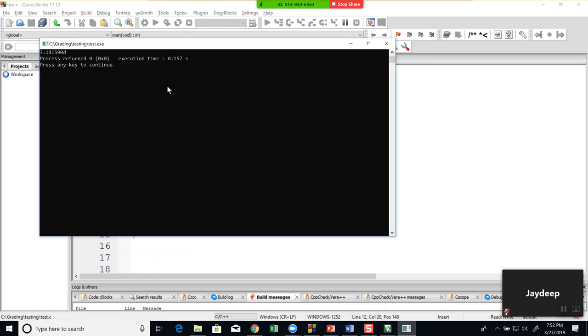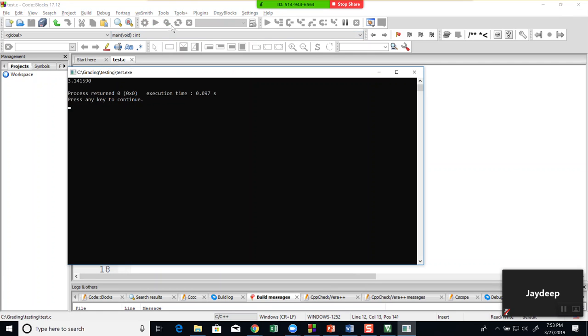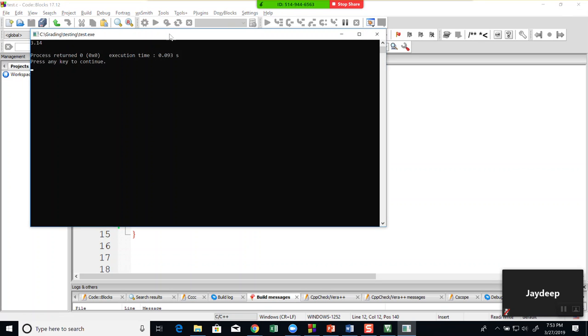Let's see. 3.14159. Why is that D there? I don't know why that D's there. It's not there anymore. 3.141590. You can put the 0.2 there, and that rounds it to 2 decimal places.